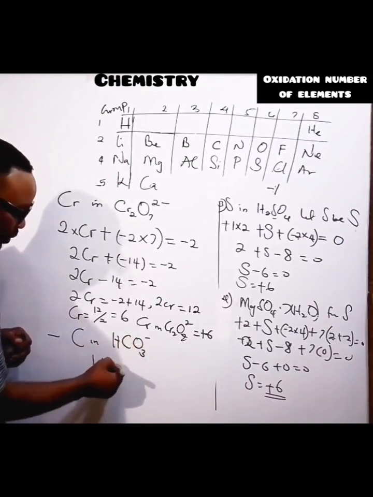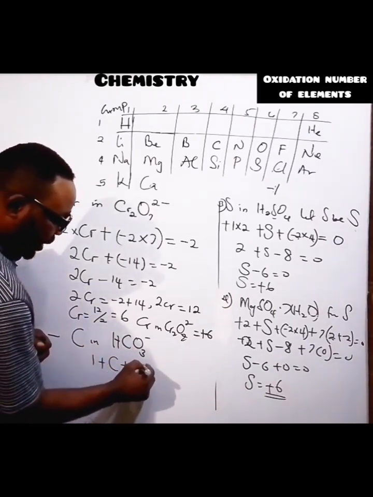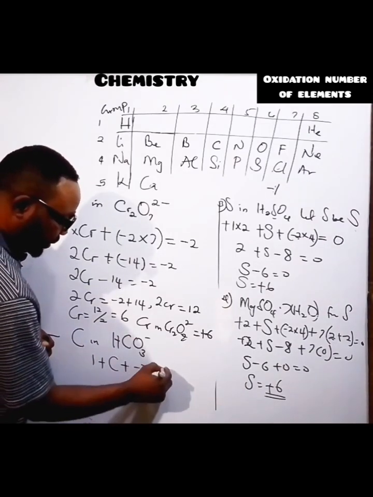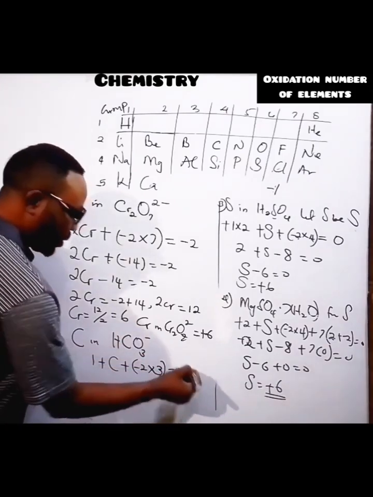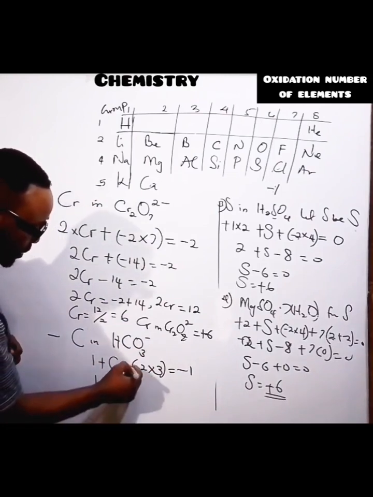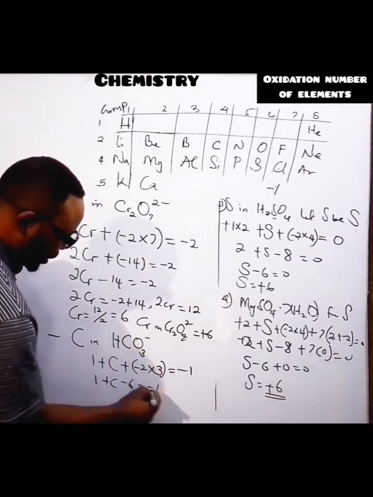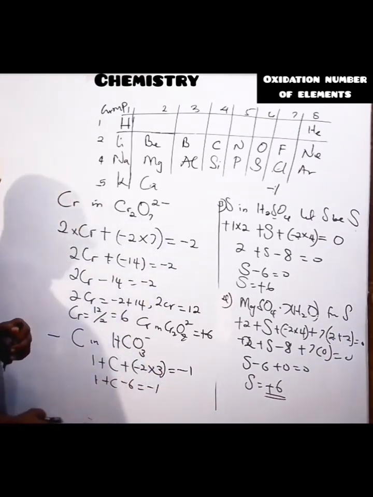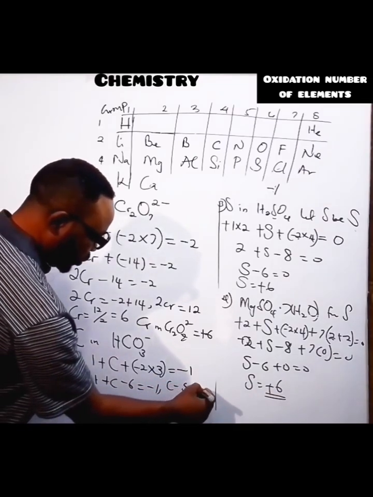Carbon is what we are looking for, represented by C itself, plus -2, that's oxygen, multiplied by 3, equal to, what is the charge on it? Minus 1. So we're having 1 plus C plus -2 times 3, which is minus 6, equal to minus 1. 1 minus 6 will be equal to minus 5. So we're having C minus 5 equal to minus 1.